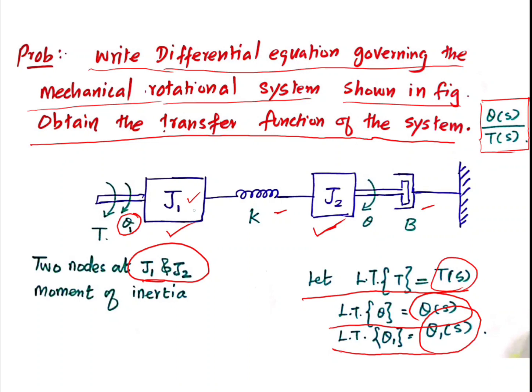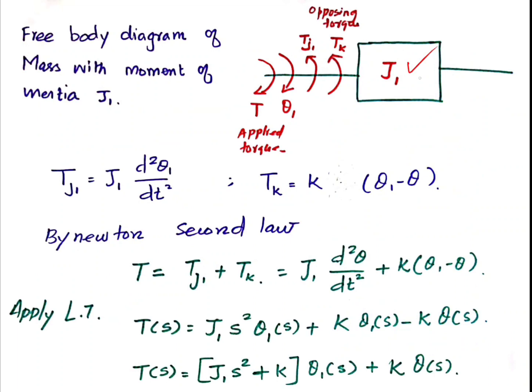In J1 there are three torques acting. One is the applied torque, another is the opposing torque related to the moment of inertia, and another is the opposing torque related to the spring. This is the first node. So we have the applied torque and the angular displacement theta 1, and the opposing torques are related to J1 and T suffix k.